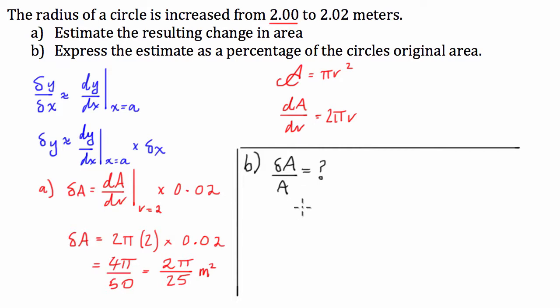So what we're going to do is go delta A divided by A is equal to, well, what is delta A? It's 2 pi r times 0.02, or 2 pi r on 50.